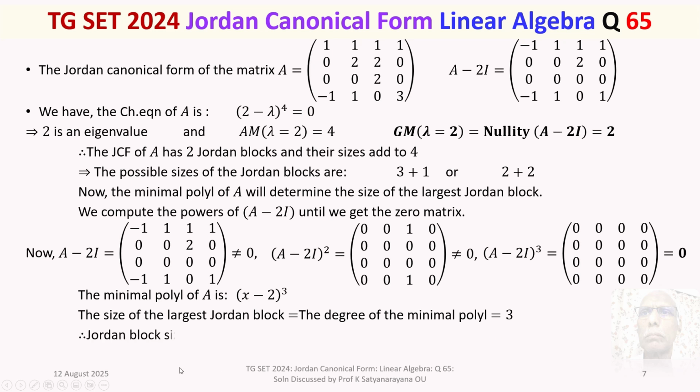So the Jordan block sizes are 3 and 1. And this implies the Jordan canonical form of A is J equal to J3(2) direct sum J1(2), where J3(2) has size 3 and eigenvalue 2. Right. We continue in the next slide.